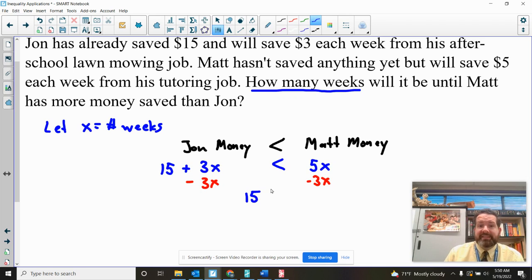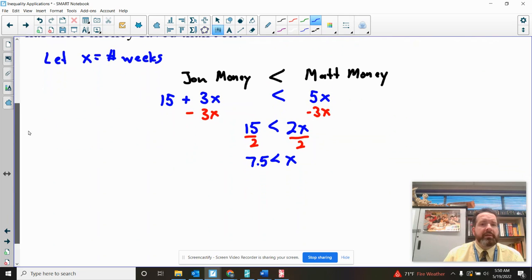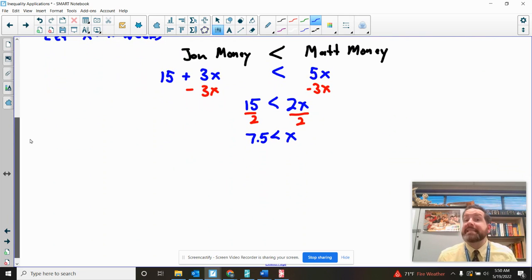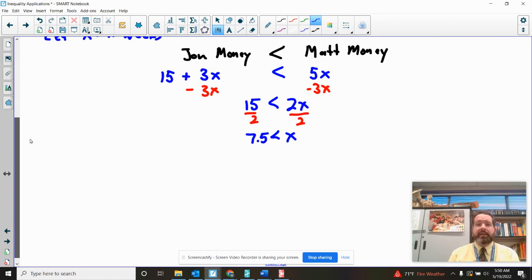So all that's left on this side of the inequality is the 15. And over here, 5x's minus 3x's, well, that's 2x's. To finish, let's divide. Then 15 divided by 2, that's 7.5. Decimals happen sometimes. That is not a problem.